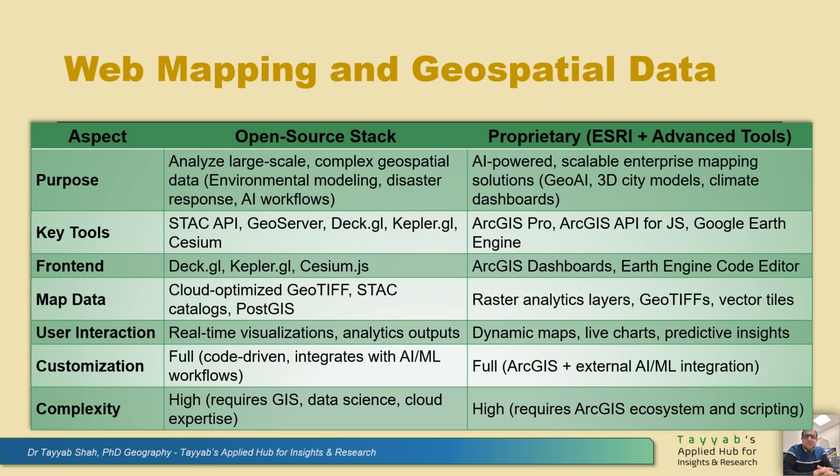If you want to see web mapping versus geospatial overall, in this table you can see the different aspects and purpose, open source versus proprietary solutions, how you want to develop the front end, where you have map data, the different data storage options you have, how you want to make the user interface, and finally the customization options when you have more complex situations.